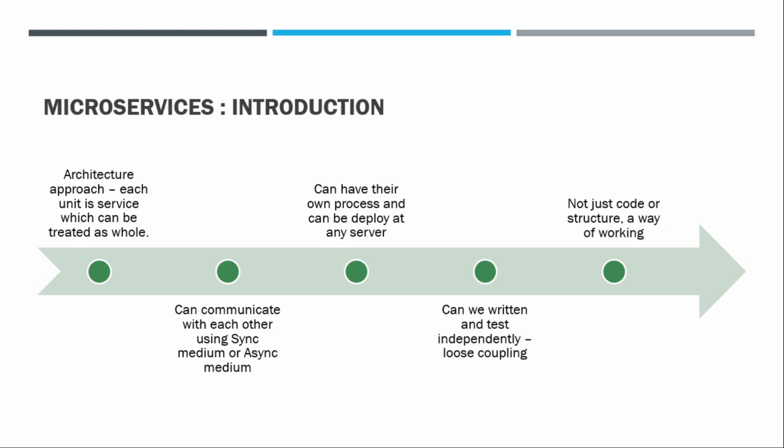As all the modules are converted into services, each a whole unit, they can be deployed separately, and writing and testing can be done independently. That results in loose coupling. Loose coupling is nothing but reduced inter-modular dependencies, and this is nothing but a way of working. Microservice is just a way of working that we are doing in the industry.